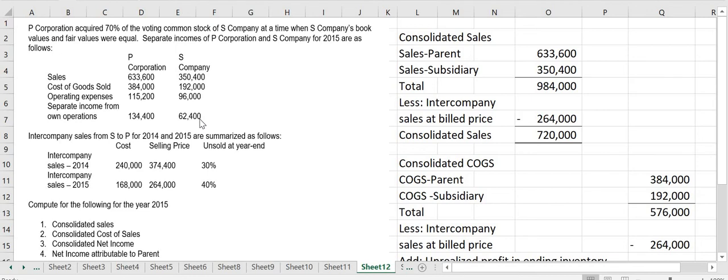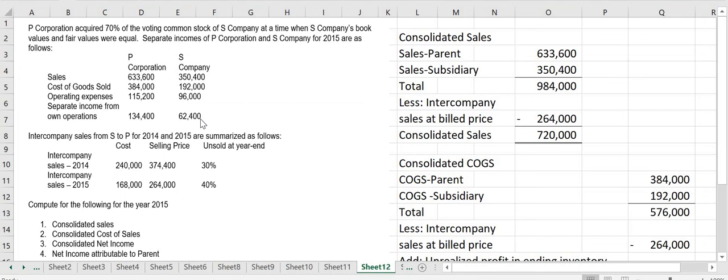Okay, so therefore, it's an upstream transaction kasi from S to P man. The selling affiliate is si subsidiary, and then yung buying affiliate is si parent. So you also have intercompany sales at cost and at selling price for 2014 and 2015, also the unsold at the year end. So, the requirement is to compute for the consolidated sales, consolidated cost of sales, consolidated net income, and net income attributable to parent.